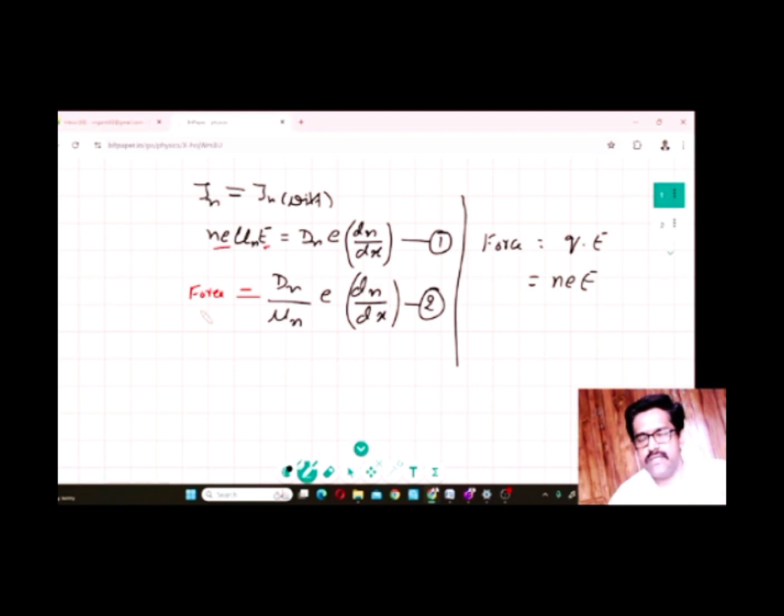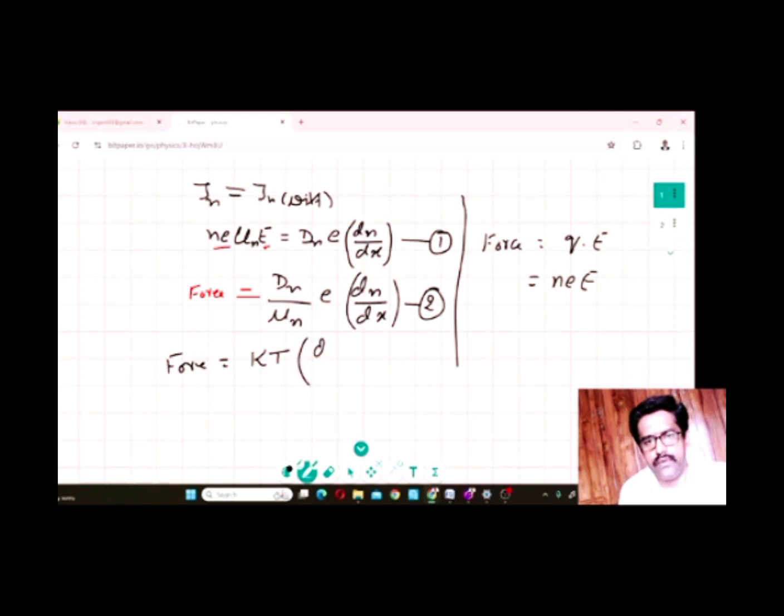Here, thermal excitation takes place, so a thermal pressure is produced due to the excess of charge carriers. The thermal pressure force is equal to kT into dN by dx, where k is the Boltzmann constant and T is the absolute temperature.